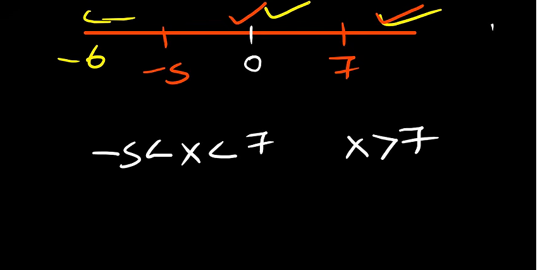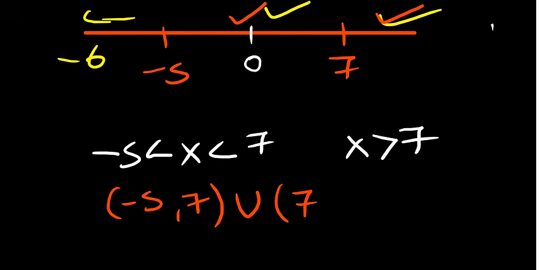So to make this easier, we can use set interval notation to represent it. So we can say that our values of x in this case should be between negative 5 up to 7, where 7 is not part of the solution, and again should be from 7 up to above 7. Okay.